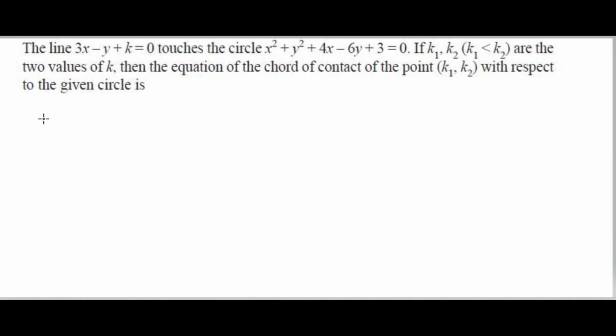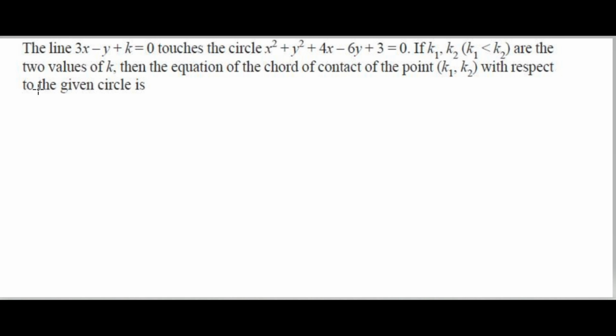The line 3x − y + k = 0 touches the circle x² + y² + 4x − 6y + 3 = 0. If k1, k2, where k1 is less than k2, are the two values of k, then the equation of the chord of contact of the point (k1, k2) with respect to the given circle is dash.